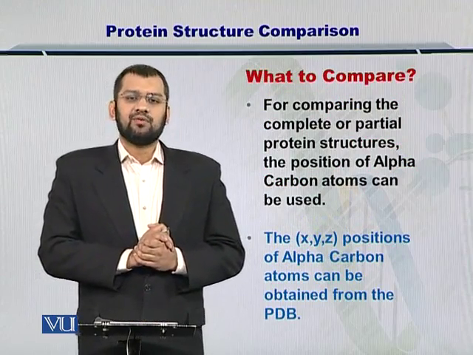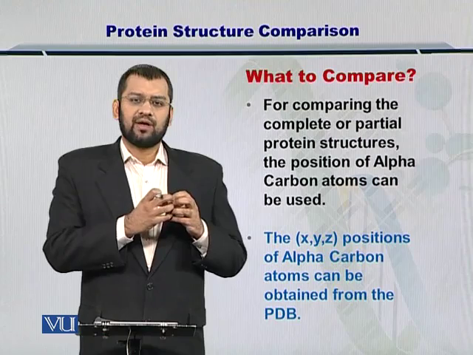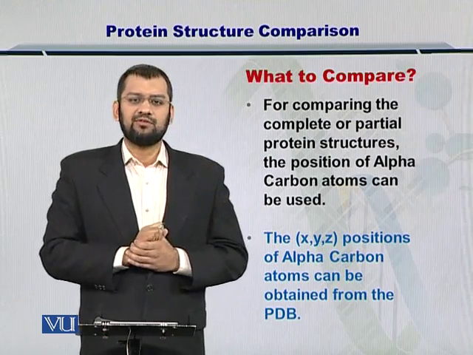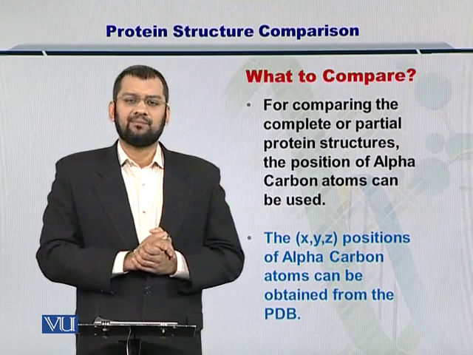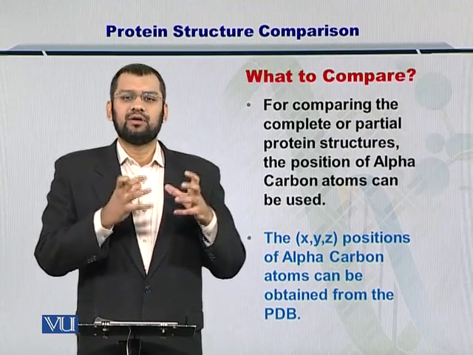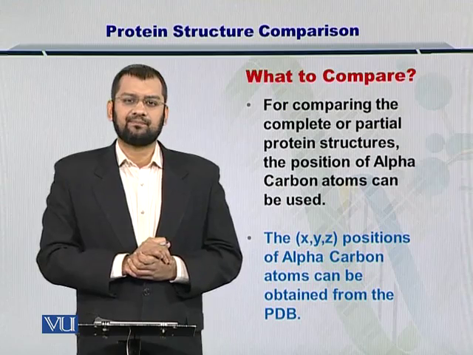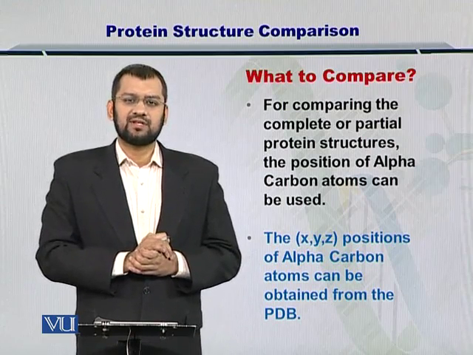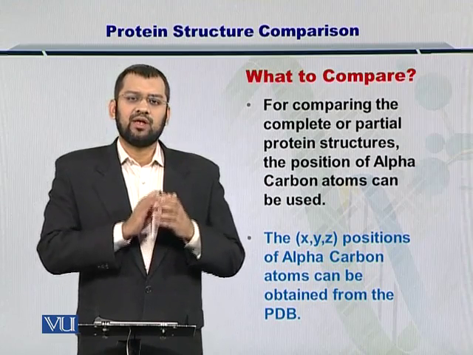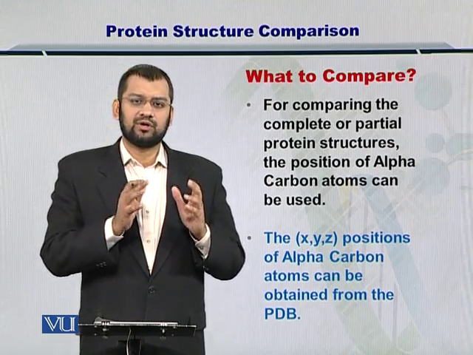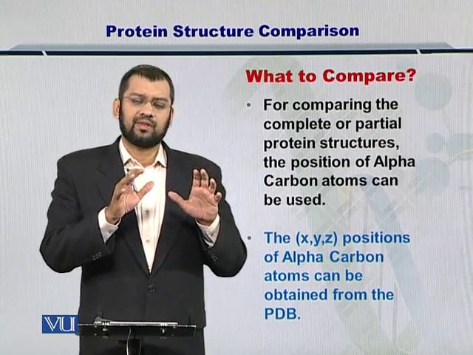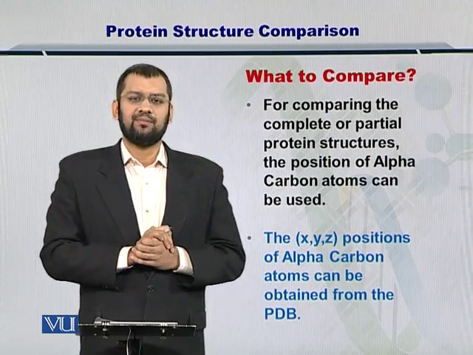Now, given that you have two proteins to compare, or let's say two domains to compare within the bigger proteins, how to compare? How to do rigid body superpositioning? The answer to this question is that we have the alpha carbon coordinates of every protein in the PDB.